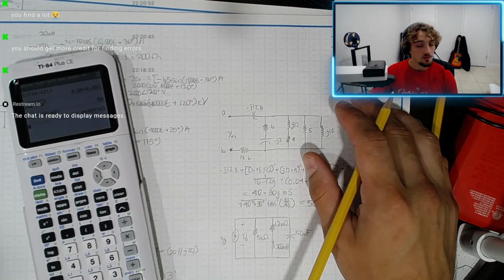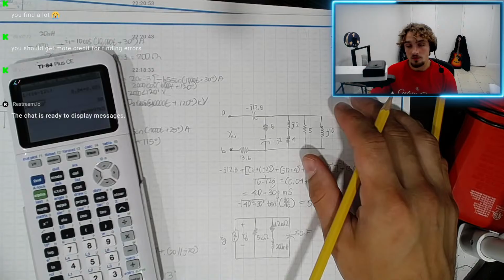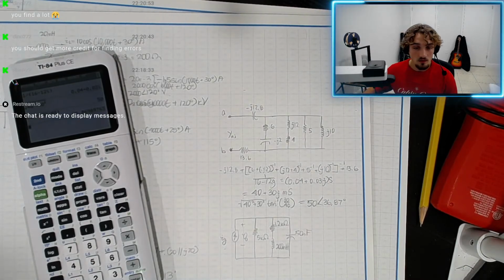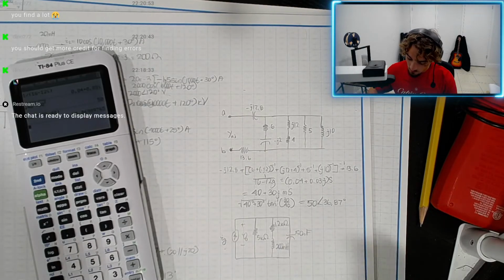It's a tricky question. The frequency of the source voltage in the circuit is adjusted until V out is in phase with I_G. What is the value of omega in radians per second?